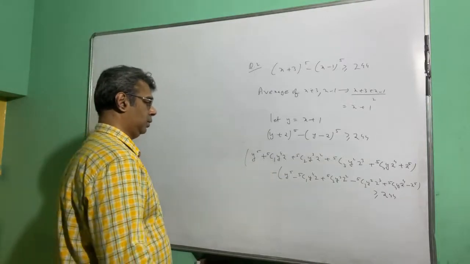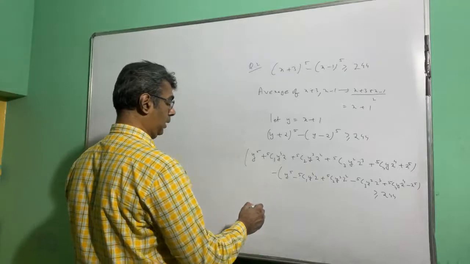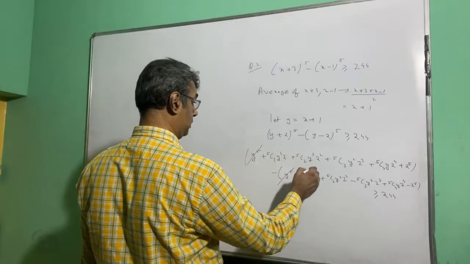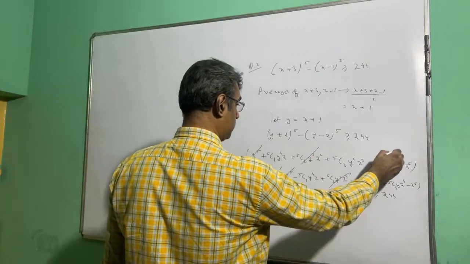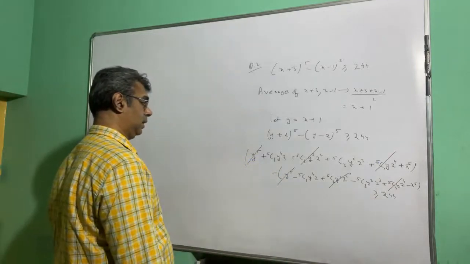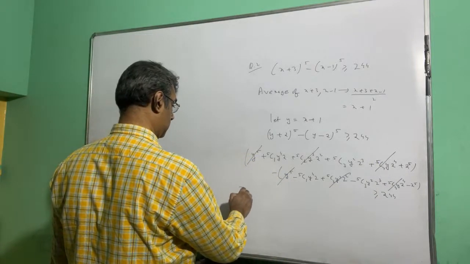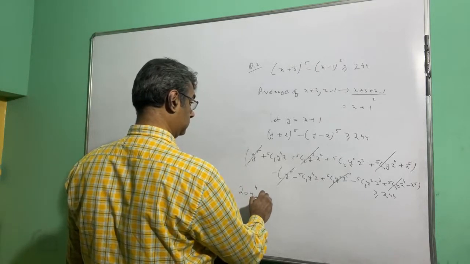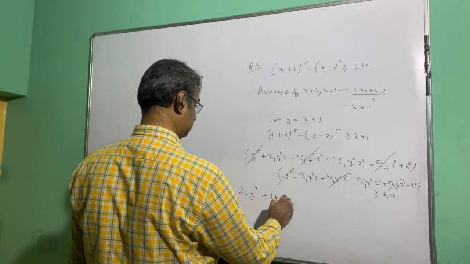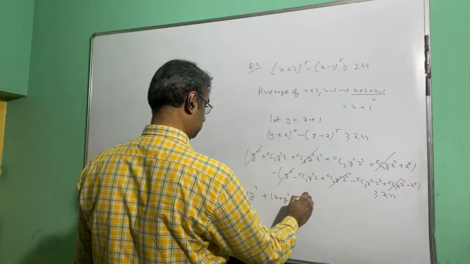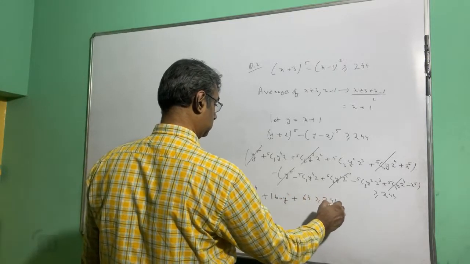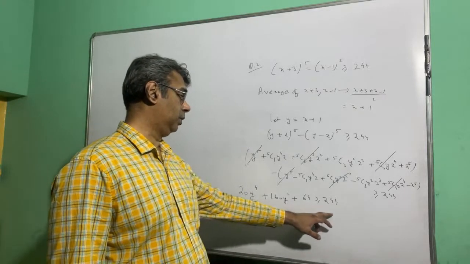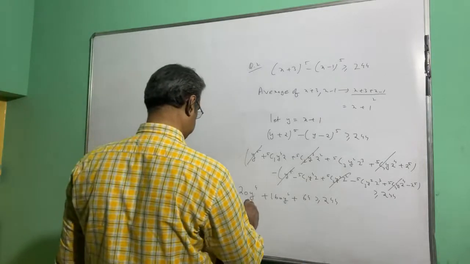So what will happen is that as a result of this subtraction, these terms will cancel out, and whatever remains will be this. So 20y to the power 4 plus 160y square plus 64 is greater than or equal to 244.